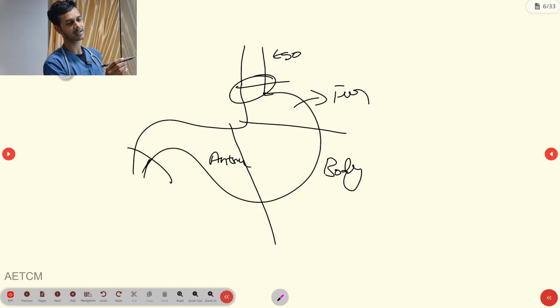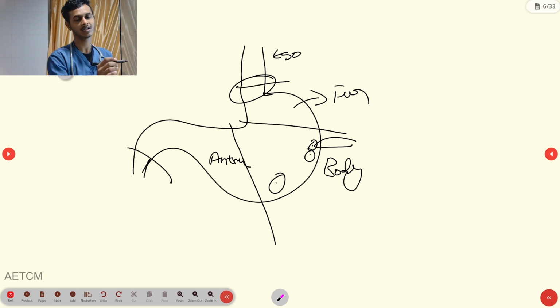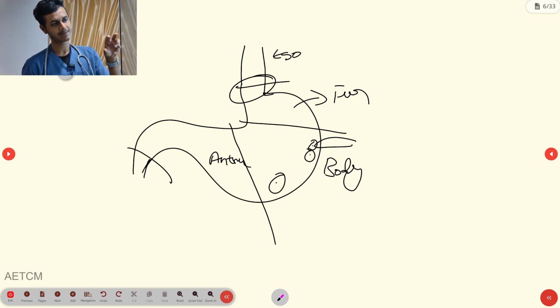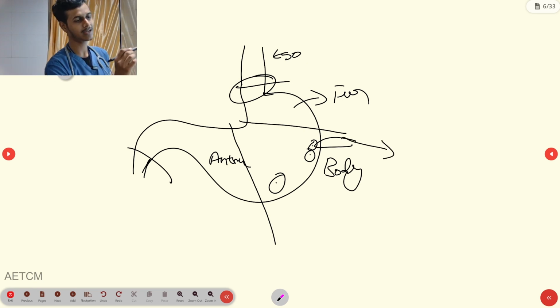In the body of the stomach we have two major cells: the parietal cell and the chief cell. The parietal cell secretes two factors, our HCl, stomach acid, and our intrinsic factor.